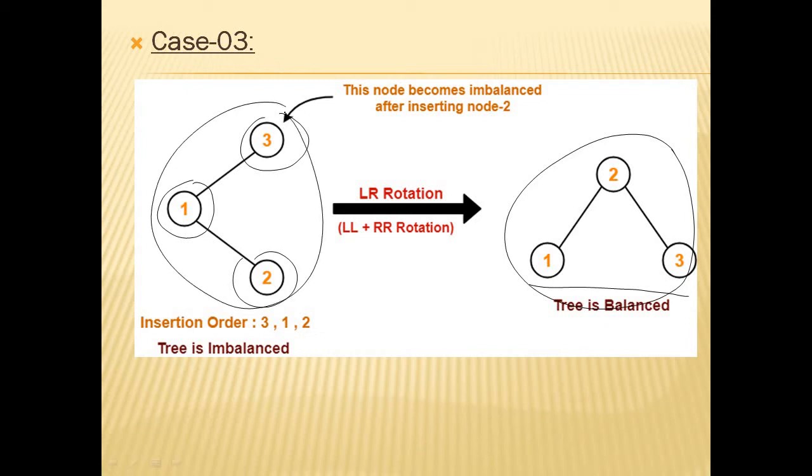For LR, if it happens, the least child will become the root, and the node to which you are going to apply it will be the right child, and the left will remain left only. You should know this, then only we can perform insertion or deletion operations in an AVL tree.